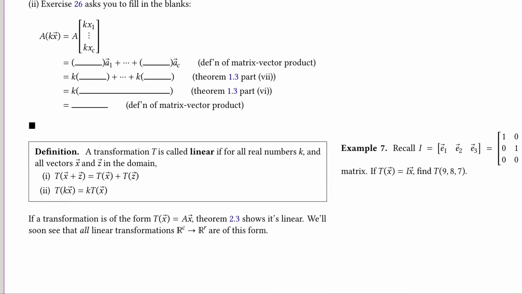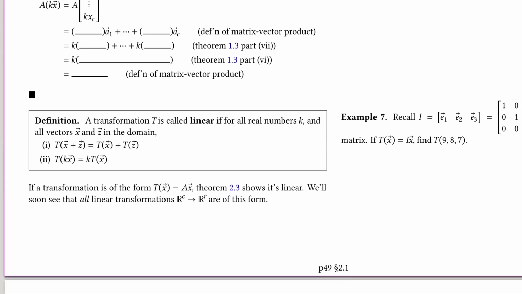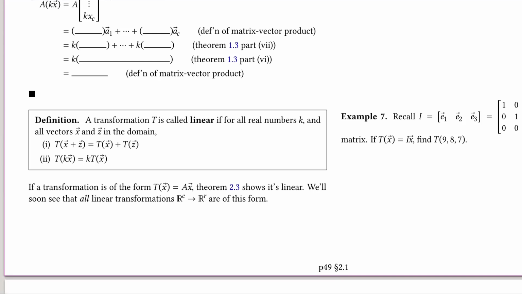Now, let's look at this definition of a linear transformation. Remember, the section was called linear transformations. So far, we were just talking about transformations in general. But what it means for a transformation to be linear is that it satisfies these properties.